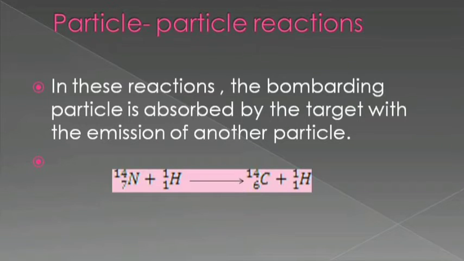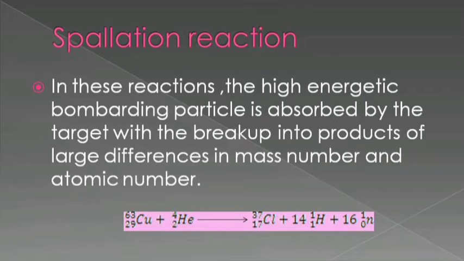In particle reaction, the bombarding particle is absorbed by the target with the emission of another particle, meaning one particle is absorbed and one particle is emitted. Another reaction is spallation reaction. In this reaction, a high energetic bombarding particle is absorbed by the target with the breakup into products of large differences in mass number and atomic number.